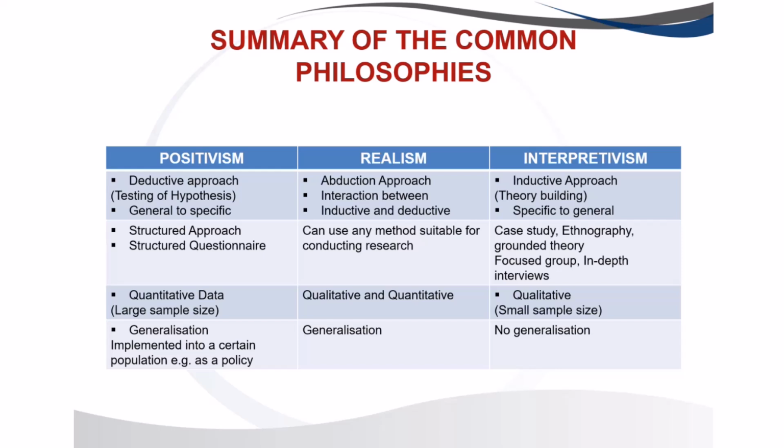Generalization in regards to positivism is the implementation into a certain population, for example, a policy and so on. Then we have realism, where you can use an abductive approach or interaction between the inductive and deductive. You can use any method suitable for conducting research in realism, qualitative and quantitative, and you can generalize.